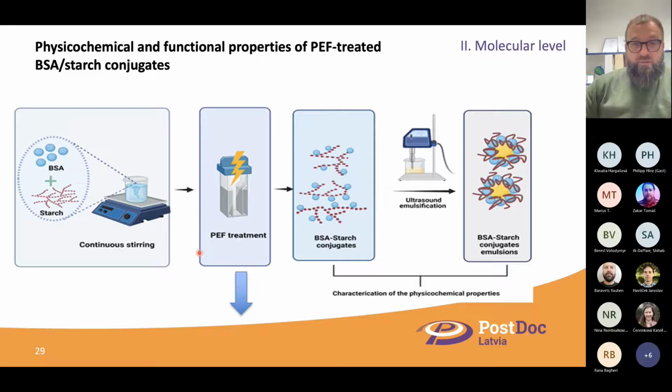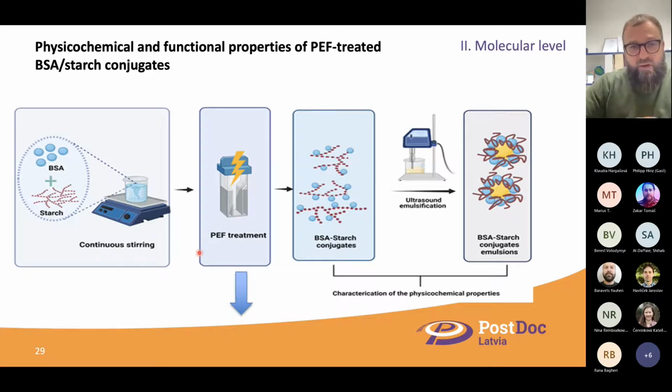Let's go into some details a little bit. Now we are working with bovine serum albumin and starch: how PEF treatment causes bovine serum albumin and starch interaction, and how this treatment changes the emulsifying properties of such conjugates.